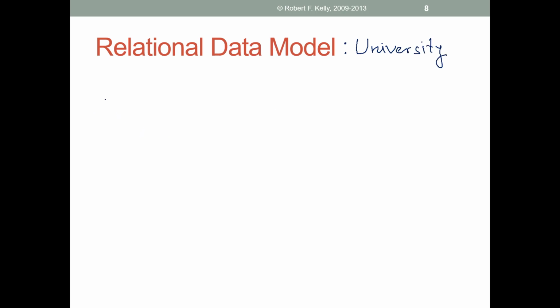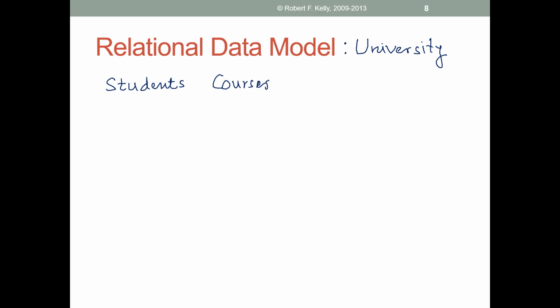Now let's see what we will have in a university relational database. As I said, the entities that I have are, I will explain to you what an entity is today. I have a better definition. So you will have students. You will have courses in your university.